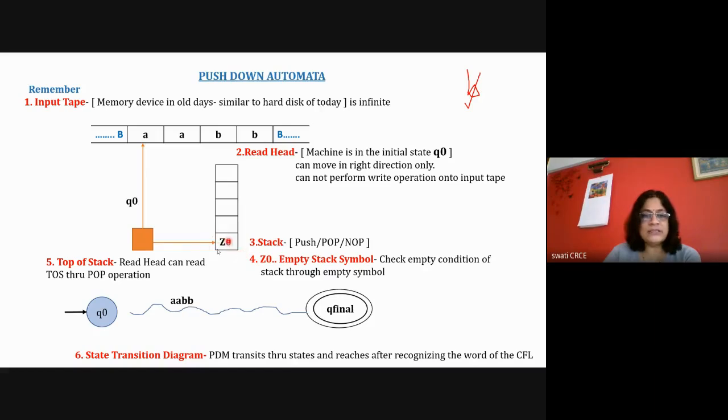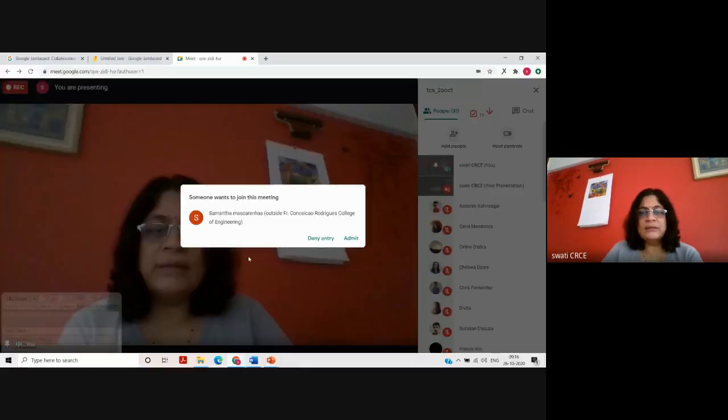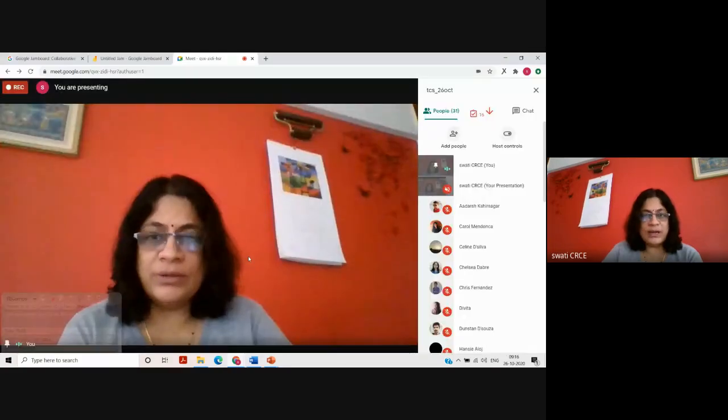Z0 on the stack indicates that the stack is empty, and by default after reading a symbol, the read head pointer will go to the right, and it will keep on going to the right till it gets a blank with Z0. We can stop at that condition. So I think there is no doubt regarding this.